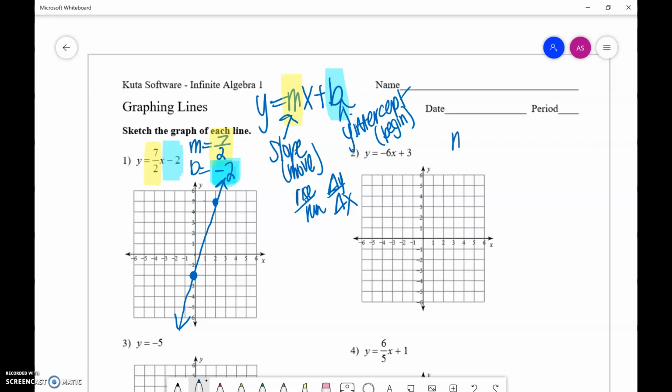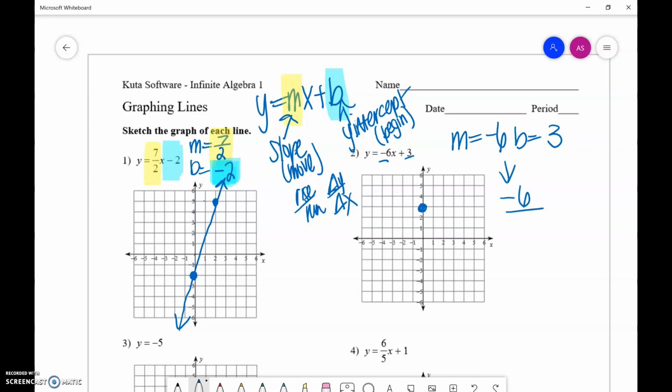So number 2, I'm first going to find my slope and my y-intercept. So my slope is -6 and my y-intercept is 3. So that means I'm going to start on my y-axis at 3. Then one thing about when you have a whole number, you want to make that a fraction.